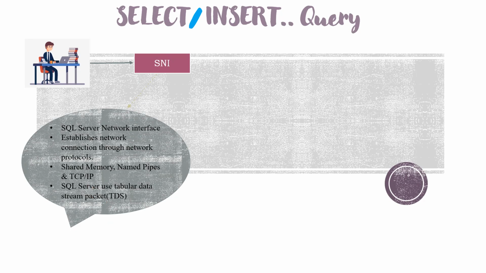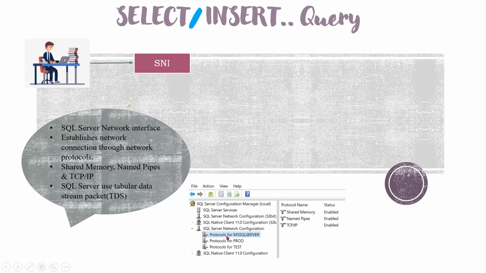Via TDS packets, it first makes the connection to SQL Server with these available protocols: shared memory, named pipes, TCP/IP. In older versions we had one more protocol called VIA, but that is no longer there. We now have only three protocols.